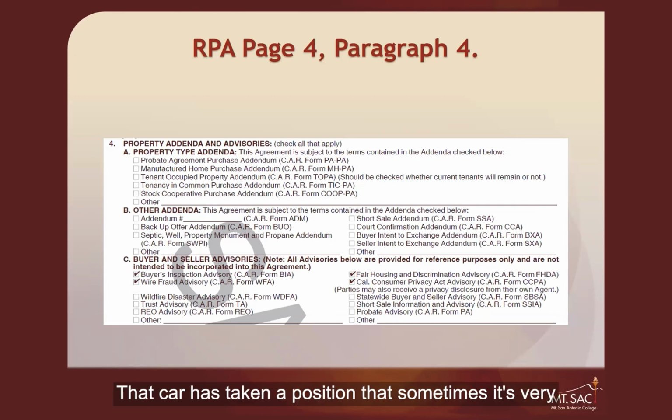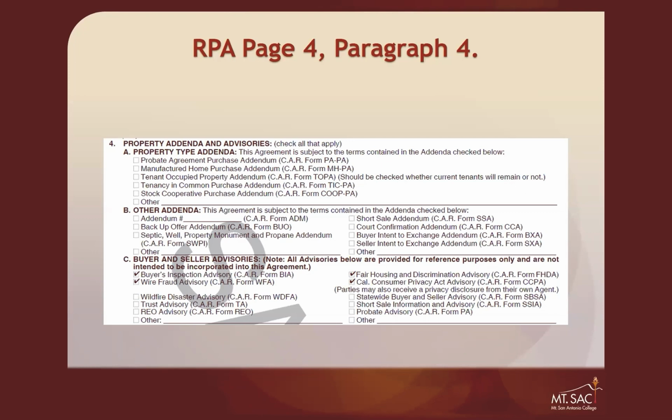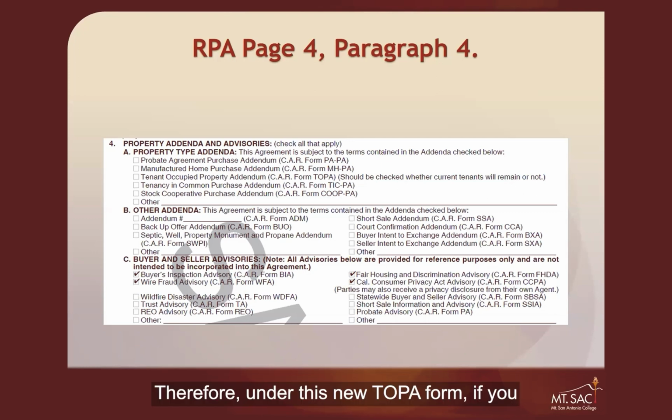CAR is changing that. CAR has taken the position that it sometimes is very difficult to get a tenant out of a property. Therefore, under this new TOPA form, if you have a tenant in the property, the tenant will remain unless you check the box.